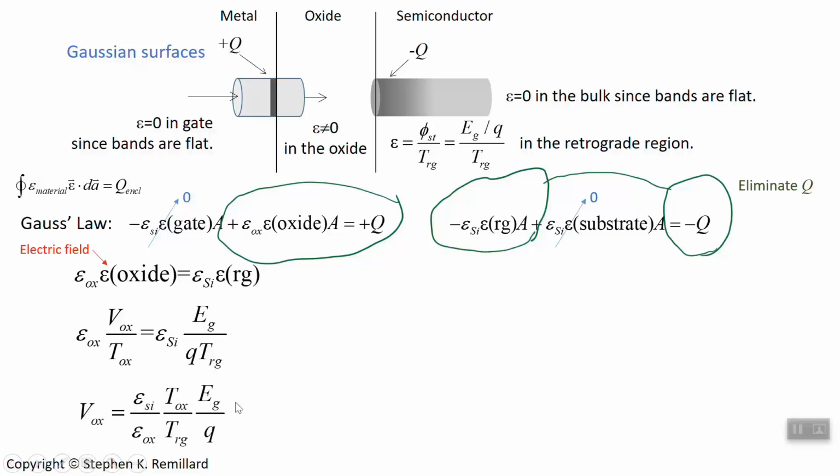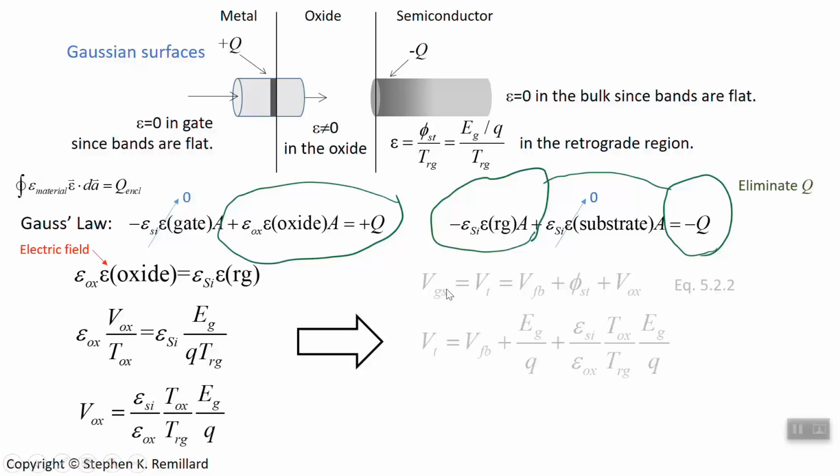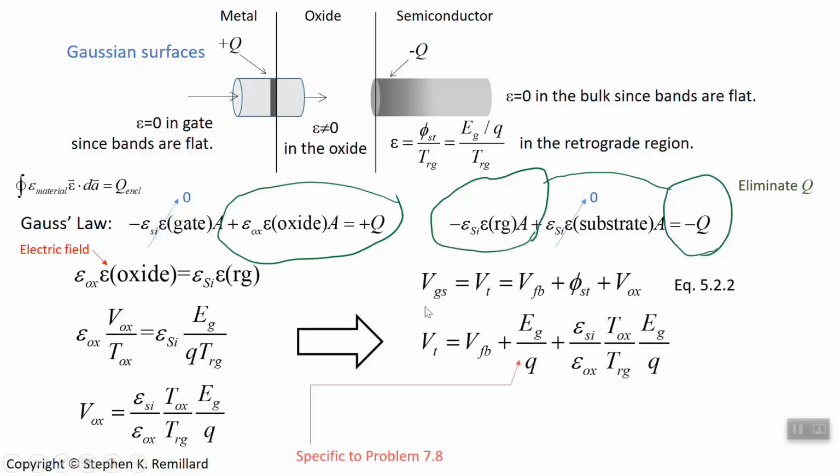So put those in and rearrange. So you have an expression for the oxide voltage, the voltage drop across the oxide. Why is that useful? Because now we can go back and get a more useful expression for the threshold voltage. If you're at threshold, that means the gate source voltage is at threshold. We'll employ equation 5.22, remember that, which relates the gate source voltage to flat band and surface potential and oxide voltage.